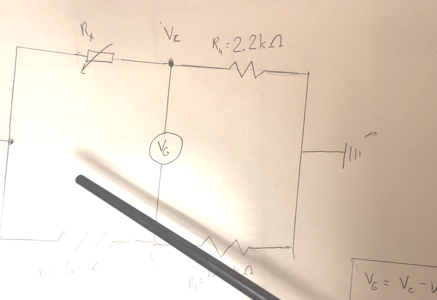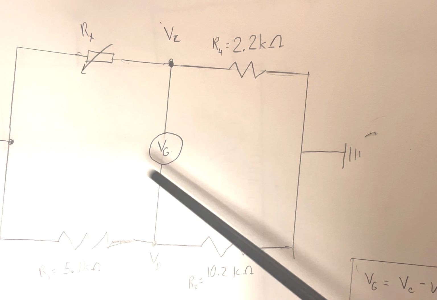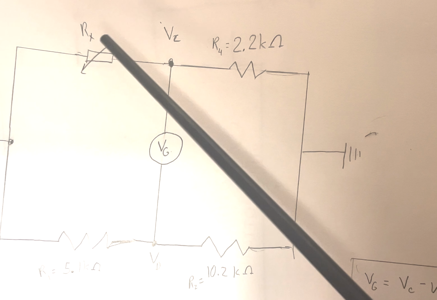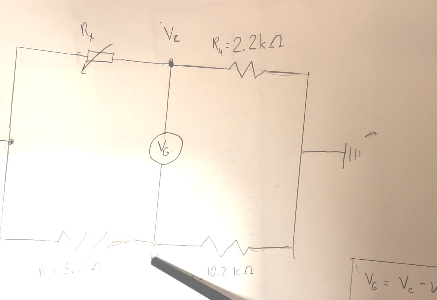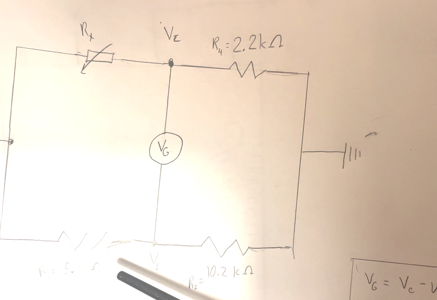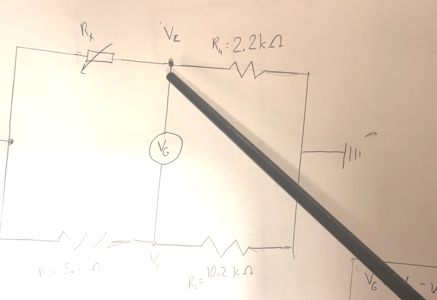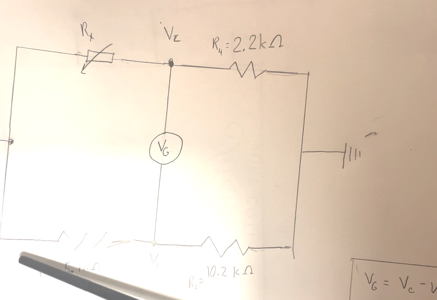As we know, resistors are akin to dropping voltage, and so the voltage drop at Rx and R1 will be equivalent, which will give us equivalent voltage at points C and D. That's how we get a balanced Wheatstone bridge. And this is very useful for finding an unknown resistance based off of the relationship here and the ratios on either side.